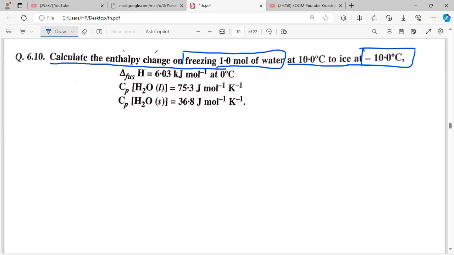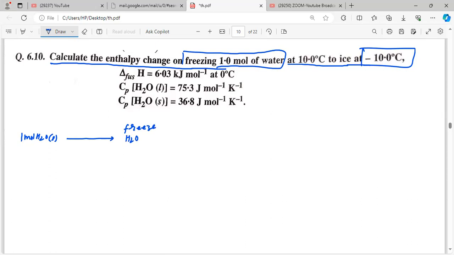So here 1 mole of water is there, 1 mole H2O, this is liquid. Yes or no? Calculate the enthalpy of freezing of 1 mole. So liquid is going to freeze. It will be H2O, this is what freezes.